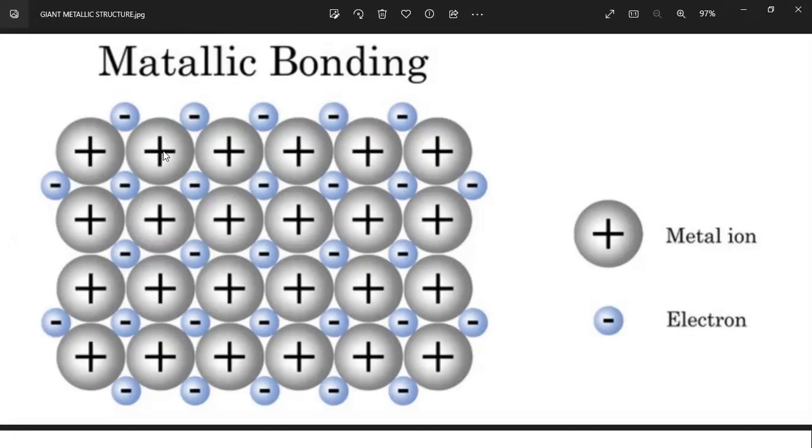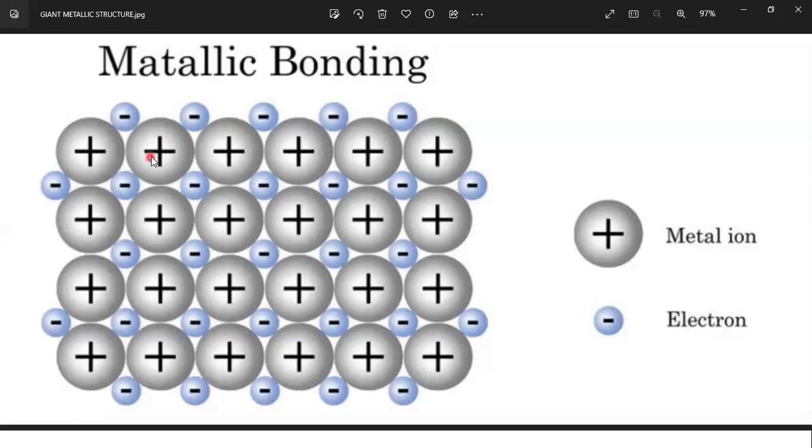So this one we can call the positive nuclei of the metal atom, and this one is the electron. Let me put some spotlight. This outer one here can be energy levels. In the center, this is the nucleus. This one is the electron.